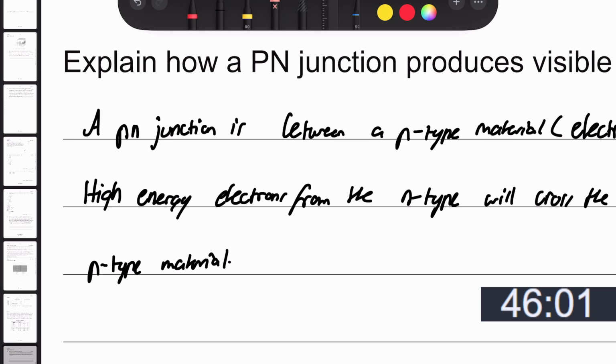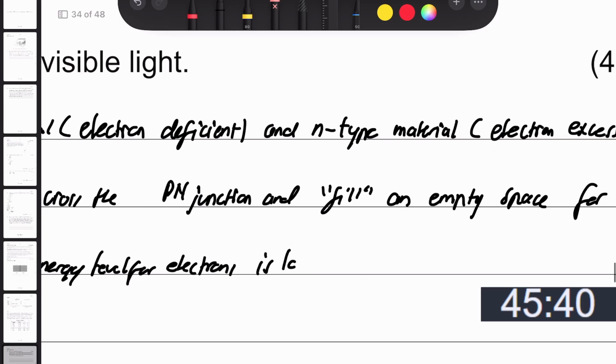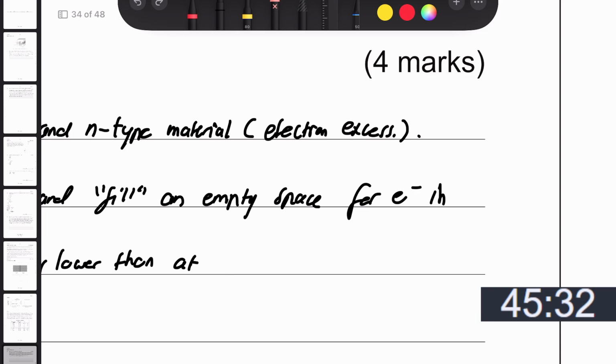In the p-type, it is a lower energy level, thus the energy level for electrons is lower than that of the n-type.